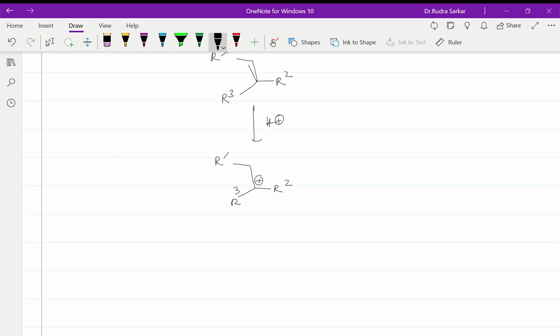And that can also be produced from the alcohol, but we have to use a strong acid or a Lewis acid. All right, and this can now combine with a halide X to form this type of a molecule.